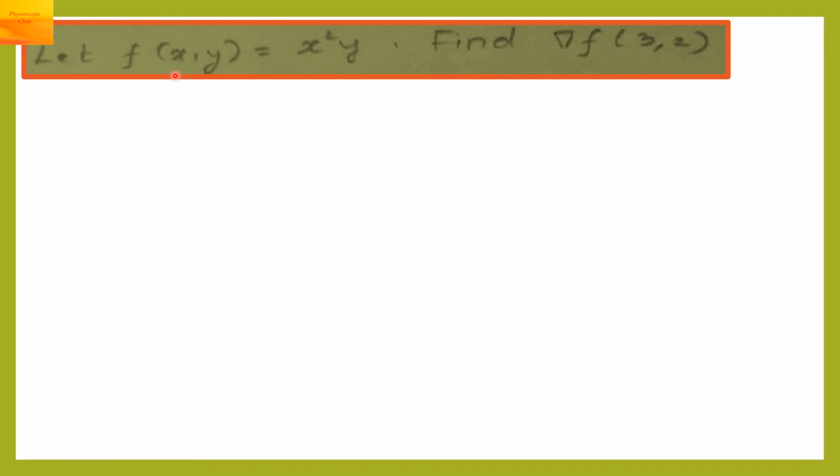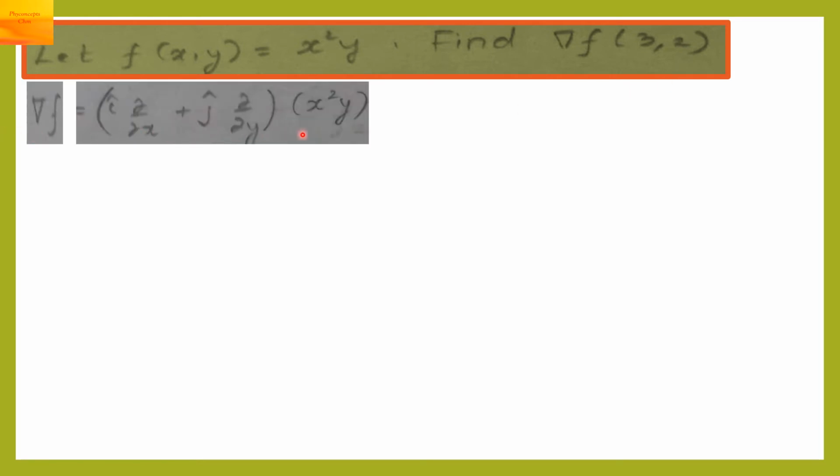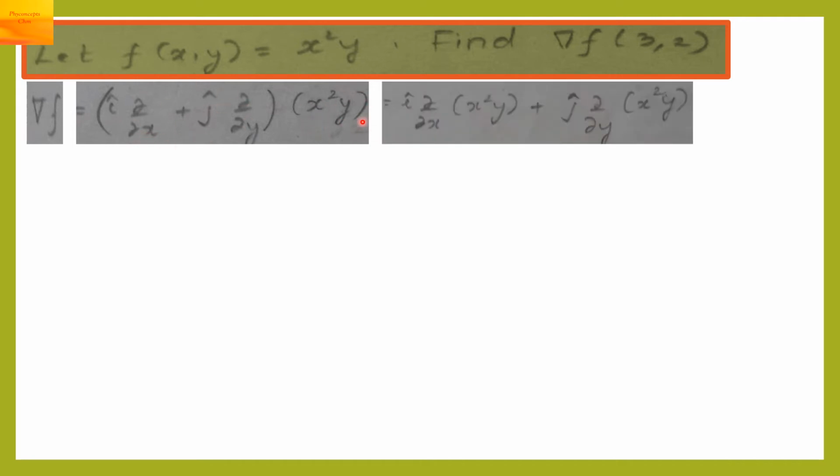Next the function given is f is equal to x square y. You have to find the gradient of this function at (3, 2). Again we find the gradient in the same way by substituting the del operator and the function and opening up the brackets. Now you differentiate first with respect to x.